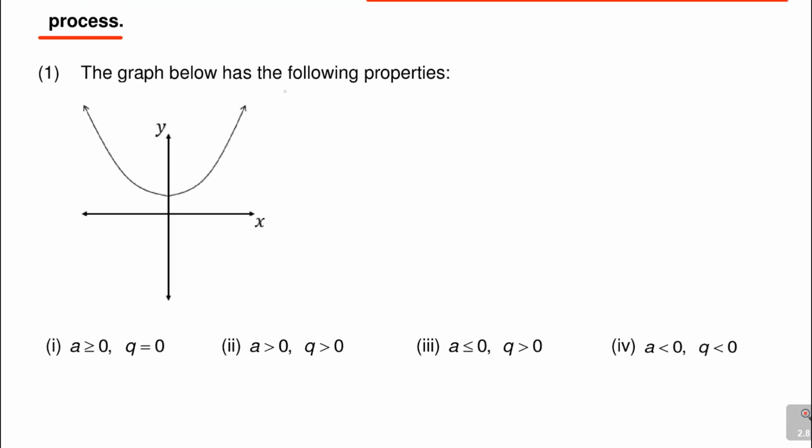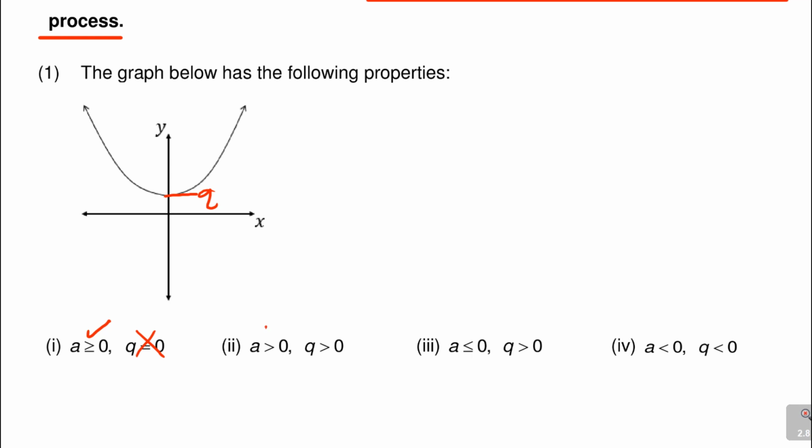So here they're saying the graph below has the following properties. Now first one, A is greater than, we can tick that, but Q, this is Q here. Yes, A is greater than or equal to. I'm not comfortable with equal to there, but it's fine. But here you can see that Q is out. What about here?